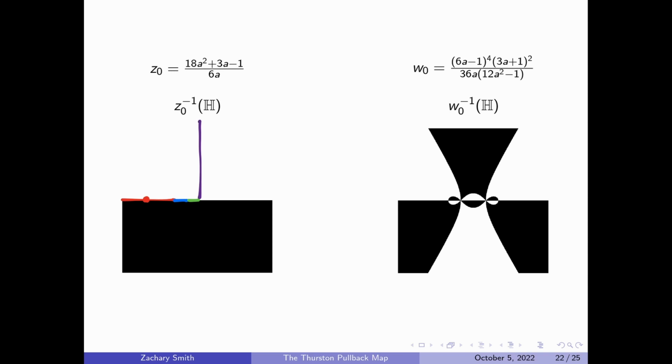So if you look at these maps for Z naught and W naught that we computed in terms of our parameter A, we can look at what happens when I take the upper half plane and pull it back through these maps into this Hurwitz space.